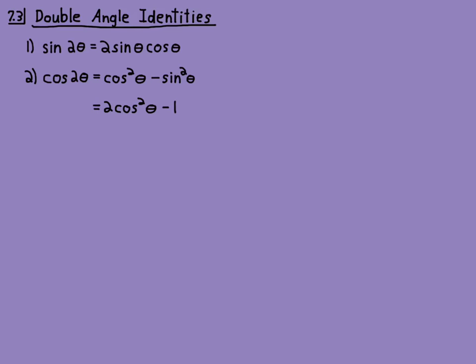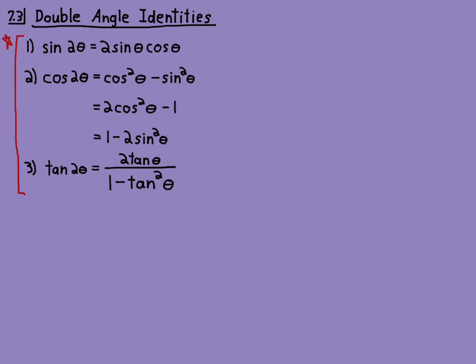You get cosine 2 theta equals 2 cosine squared theta minus 1, or cosine 2 theta equals 1 minus 2 sine squared theta. So there's 3 of them for cosine 2 theta. Then tangent 2 theta, you get 2 tangent theta over 1 minus tangent squared theta.